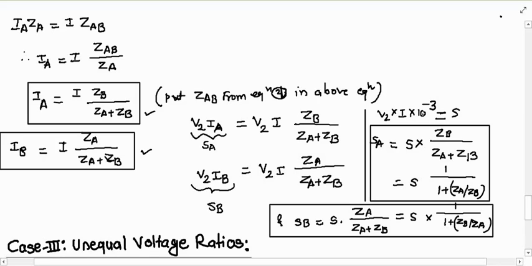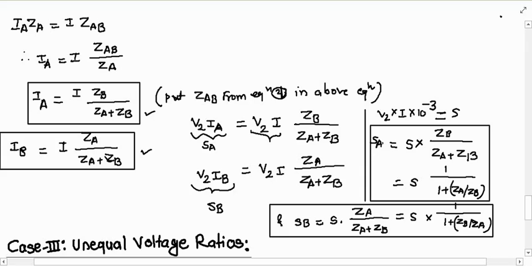V2 into I is nothing but the combined load kVA of the parallel combination. So from the total combined load kVA, we can find out the individual kVA of each transformer.